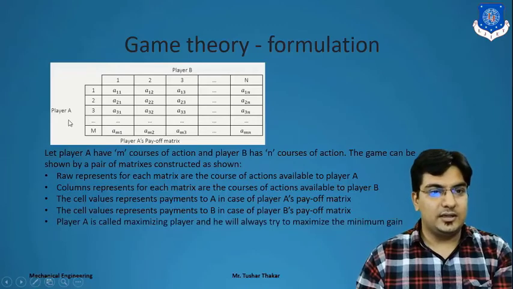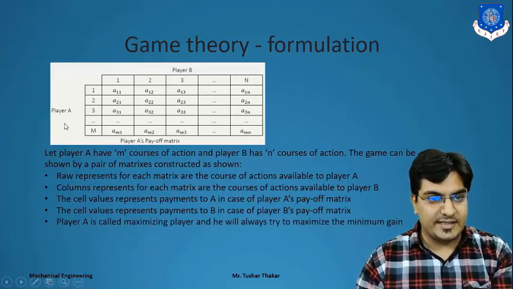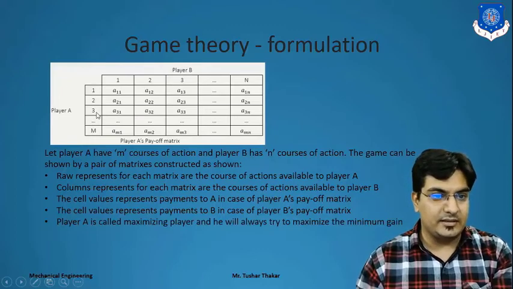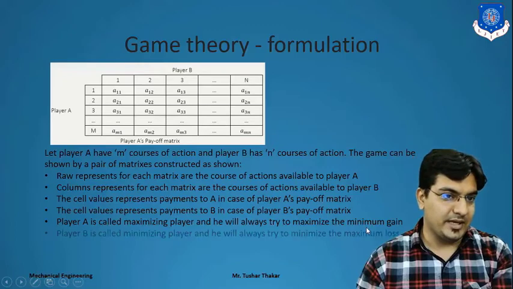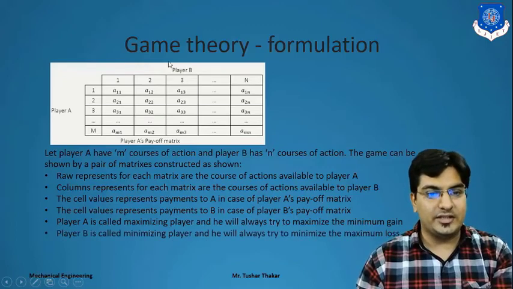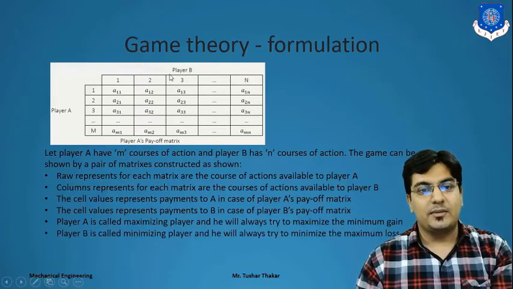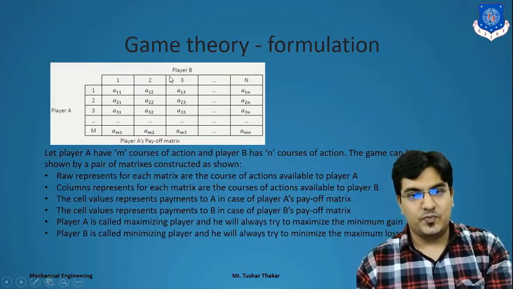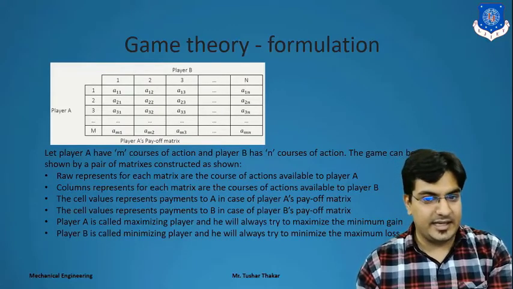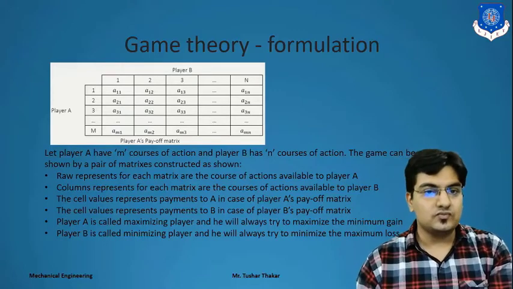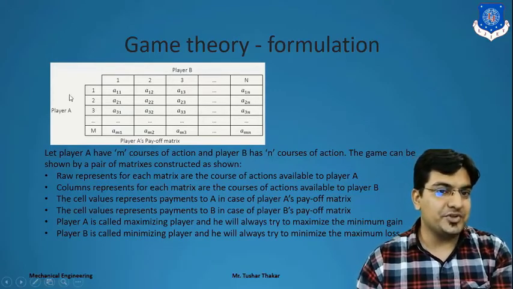Player A is always called the maximizing player, and player B is always called the minimizing player. Player A always tries to maximize his minimum gain, and player B always tries to minimize his maximum loss, as we have seen in maximin and minimax. That is the basic formulation of game theory.